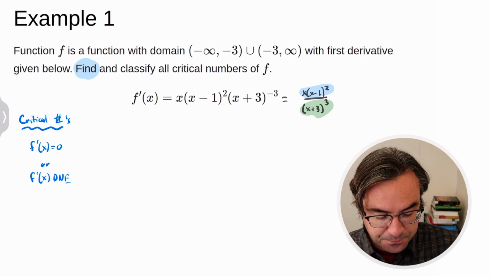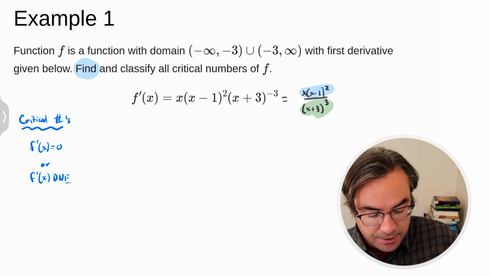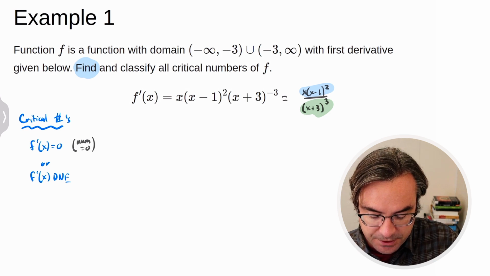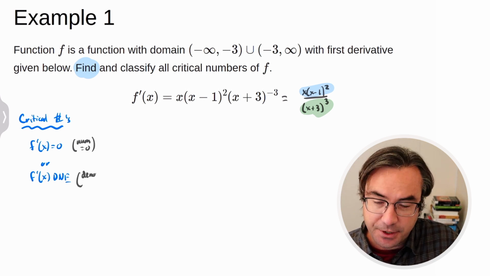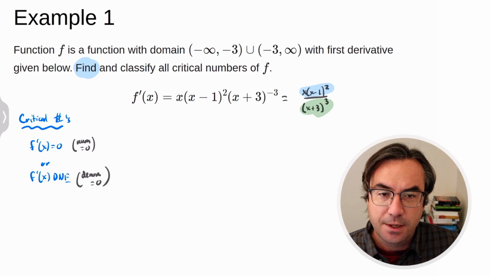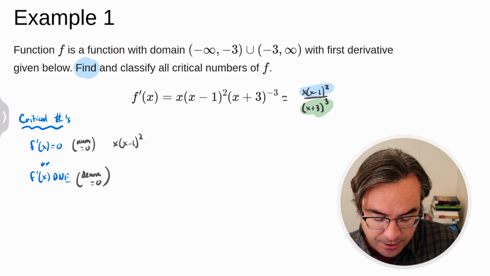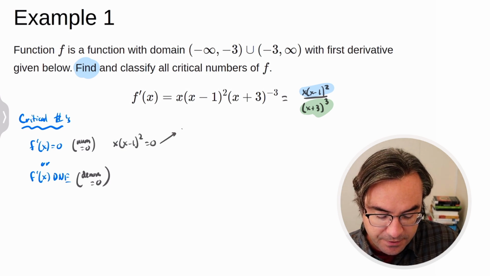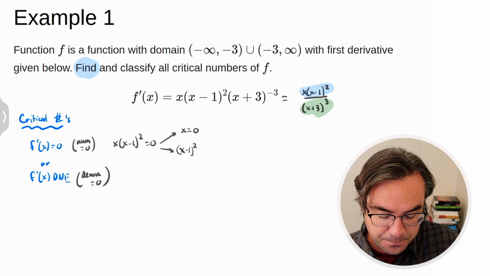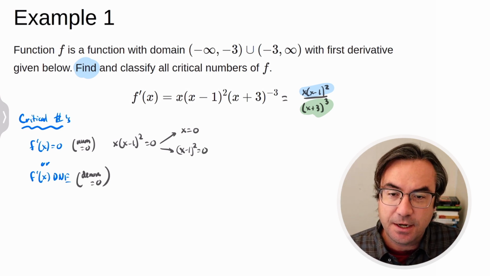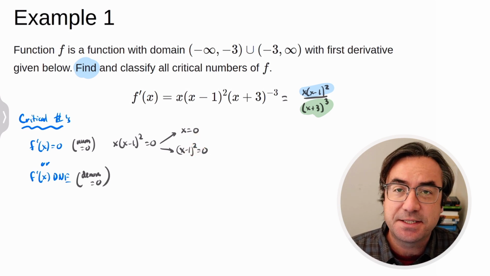Okay. So let's do that. So we'll do our numerator equal to 0, and then we'll do our denominator equal to 0. So when we set the numerator, we get x times x minus 1 squared equal to 0. And we can break that apart into the different factors. And when we have a factor like this that's being squared, the exponent isn't the thing that makes this equal to 0.